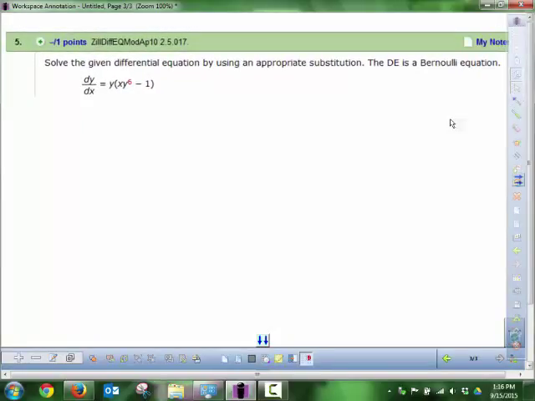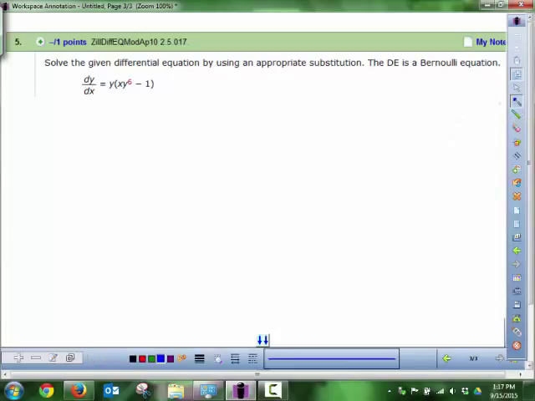Okay, so how do you check if it's a Bernoulli? It's not too obvious right now, and in fact, you won't know what the n is unless you write it into that specific form, the Bernoulli form that they're looking for. Remember, a Bernoulli form looks almost like a linear differential equation, except the last term on the other side of the equal sign has a y to some power.